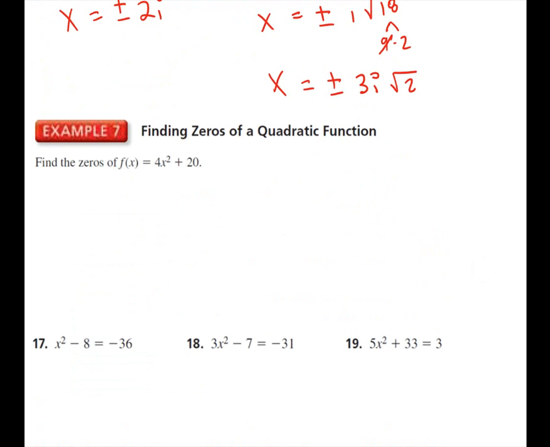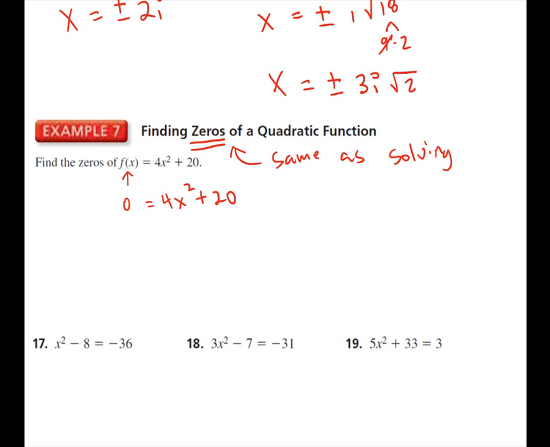And then last example. We need to find the zeros of the quadratic function. Whenever they ask you to find the zeros, that's the same thing as solving. It's just another way to say solve the quadratic. So to find the zeros, first we're going to make f of x equal 0. f of x is the same thing as y. If there was a y there, you would make y 0. Then we have 4x squared plus 20.